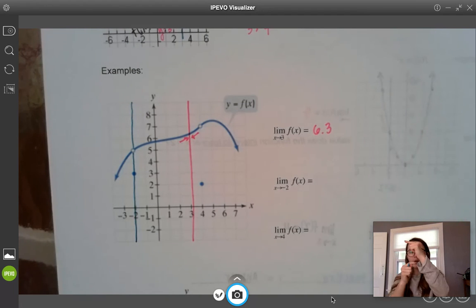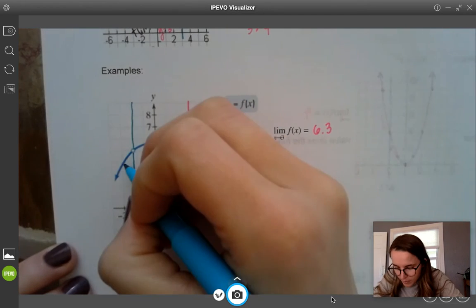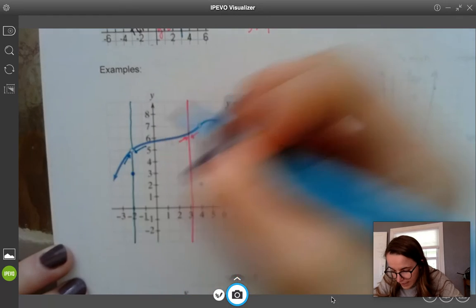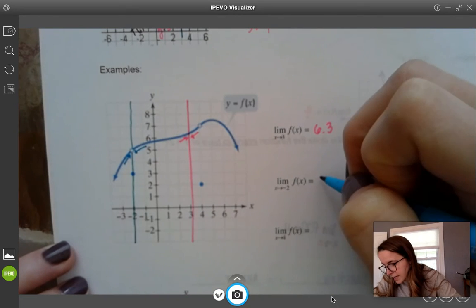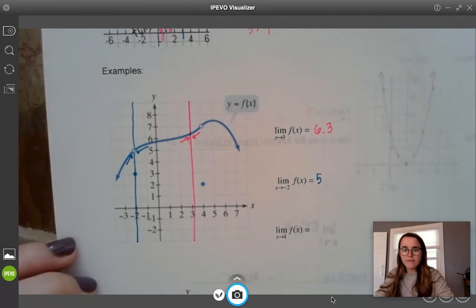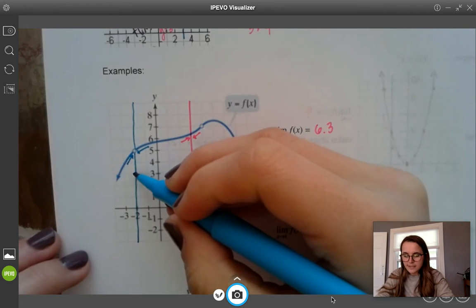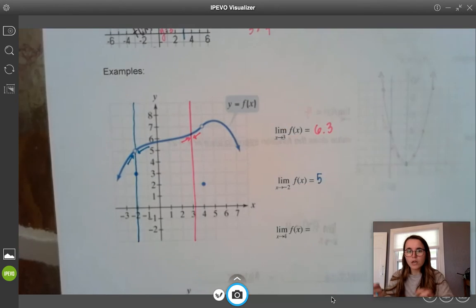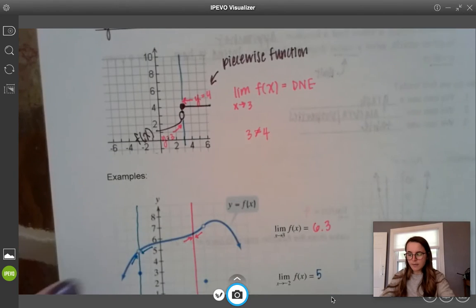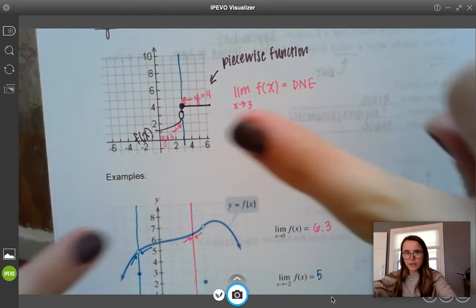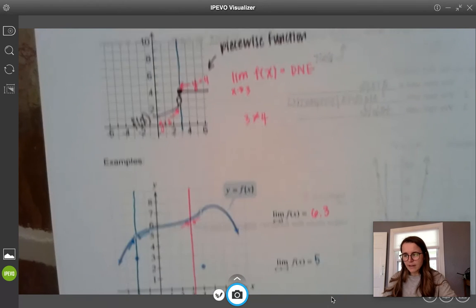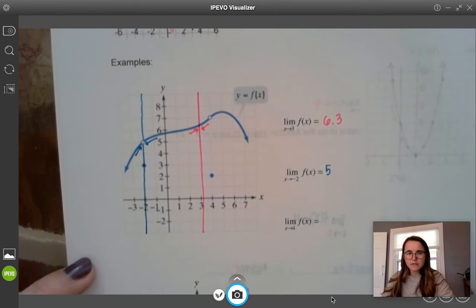It doesn't jump from different ways. It's still approaching the same value from the left and from the right, and that's 5. So the limit as x approaches -2 is 5. It's okay that this is down here. If it were jumpy, like it was up here, where we're approaching from different values on the left and the right, it would be different.